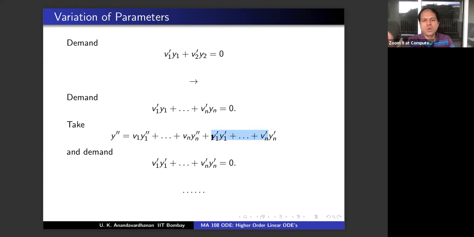There's nothing good to demand, right? If you demanded this to be 0, then this is what is remaining. And if you take derivative here, the terms will be V1 prime, Y1 double prime, and V1 double prime, Y1 prime. Whichever one you demand to be 0, that is not matching with this. This equation had V1 as unknown. Whatever you demand from the next stage will have either V1 prime or V1 double prime.